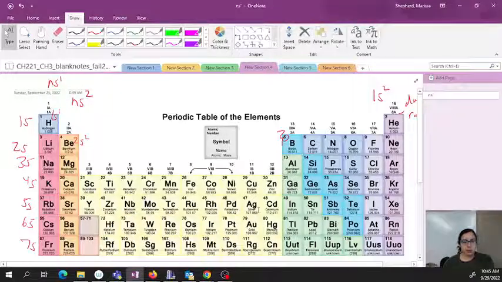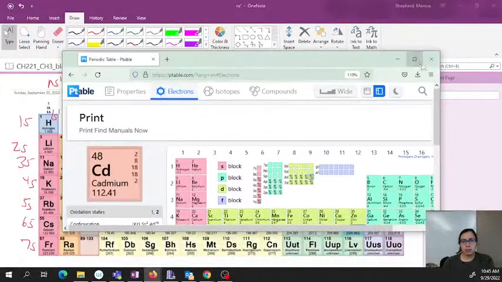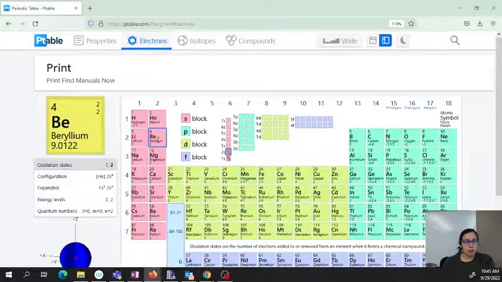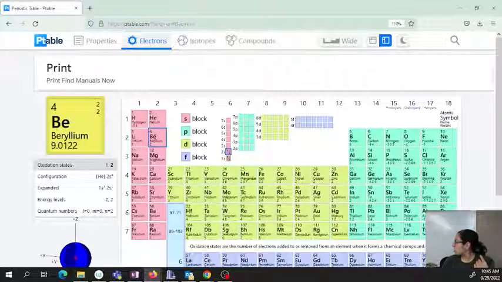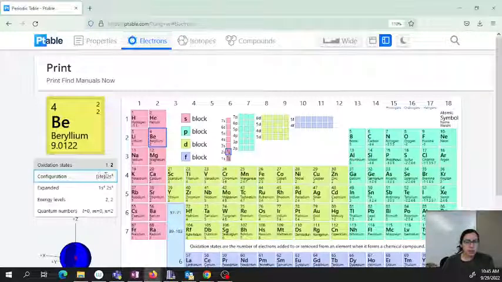And for the full electron configuration, you need to write 1s2, 2s2. And so we look at beryllium on our periodic table. It gives us the electron configuration in two forms, so you can see the kind of shorthand, which for beryllium doesn't save us too much time. The shorthand is just indicated by writing the previous noble gas in brackets and then continuing on.